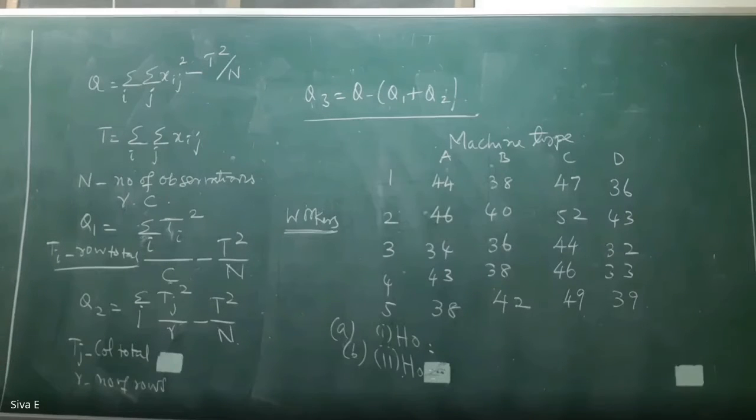First one: the 5 workers do not differ significantly. Second one: the 4 machine types also do not differ significantly with respect to mean productivity. Next, we have to find all the values.